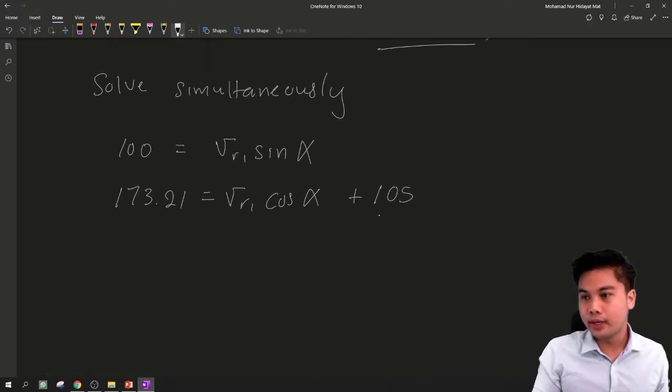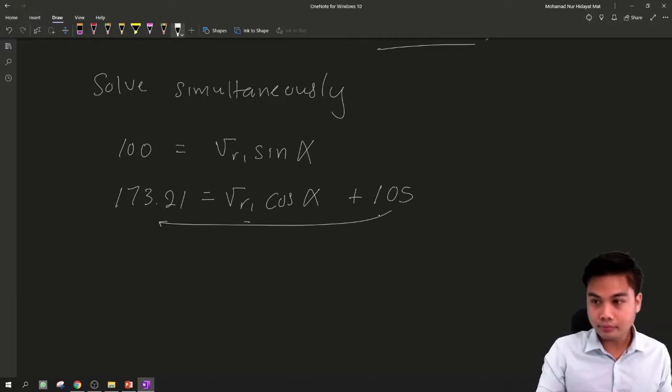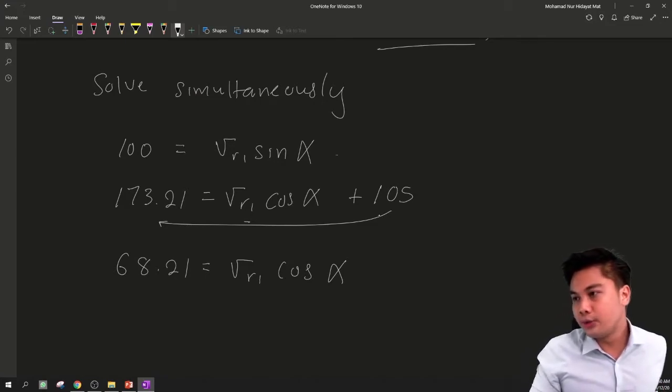Simplify further: 105 goes to the other side and becomes minus, so 173.21 minus 105 gives 68.21 equal to VR1 cos alpha.